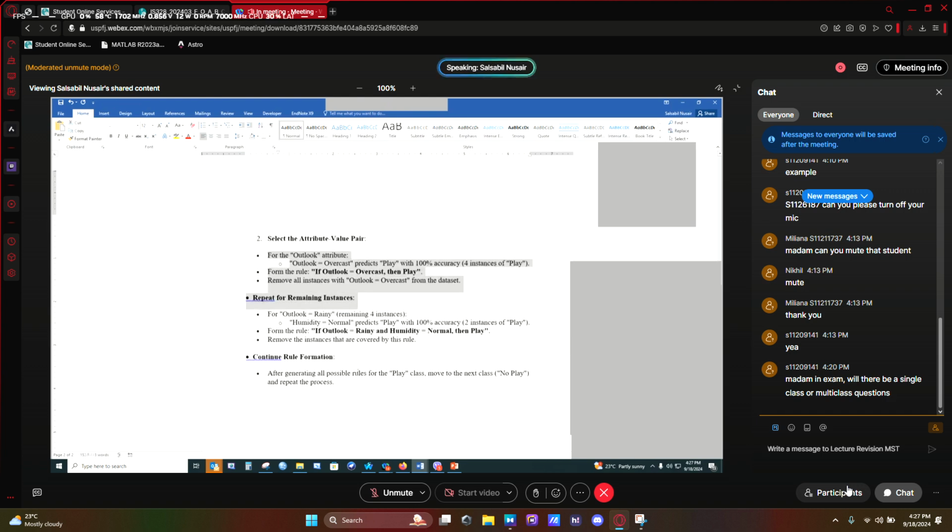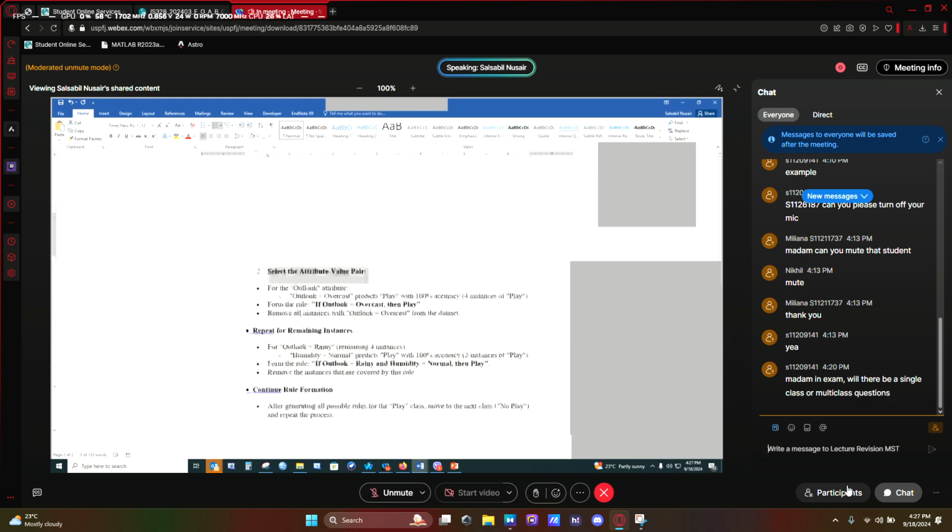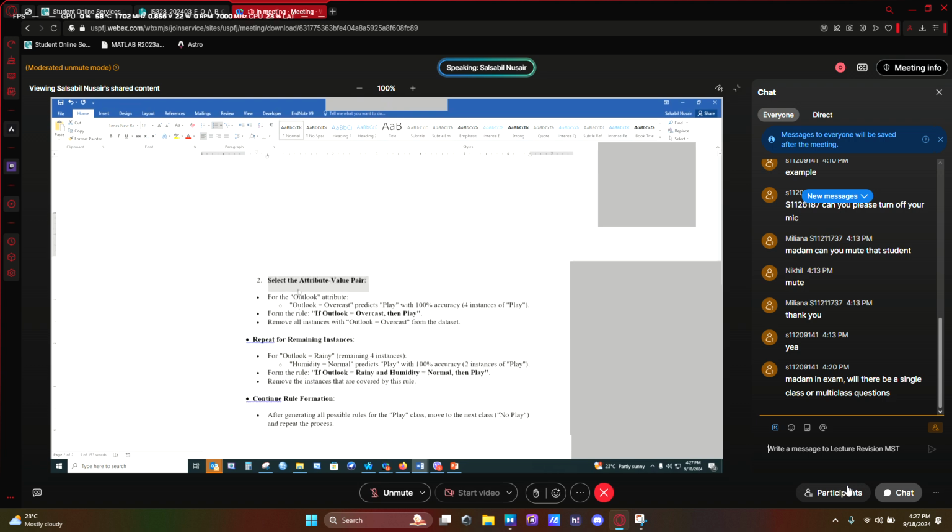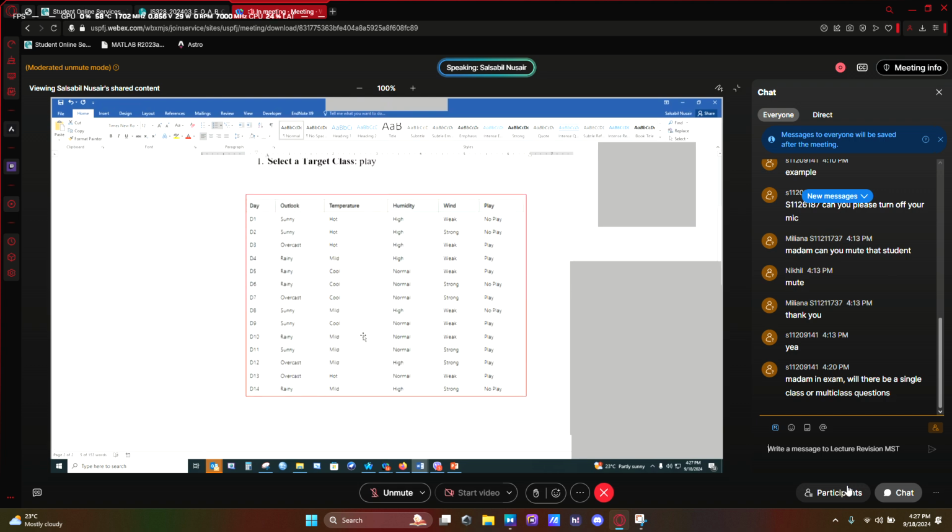Either way, when you are selecting your attribute pair, my recommendation is you always formulate a frequency table. That means you are calculating the probability of sunny given that it is play, the probability of rainy given it's play, the probability of overcast given it's play. And then you map it with the probability of hot given it's play, mild given it's play, cool given it's play.